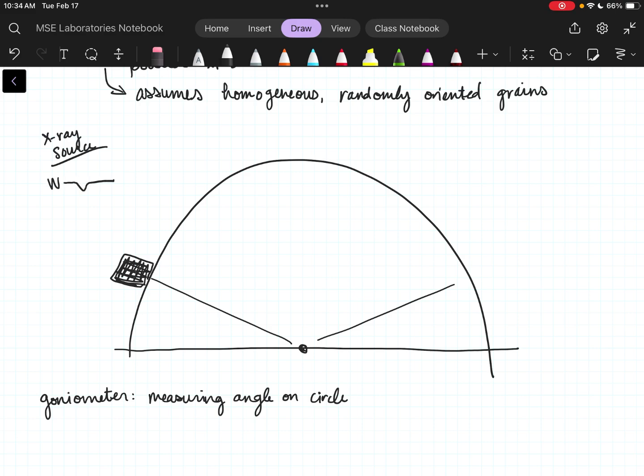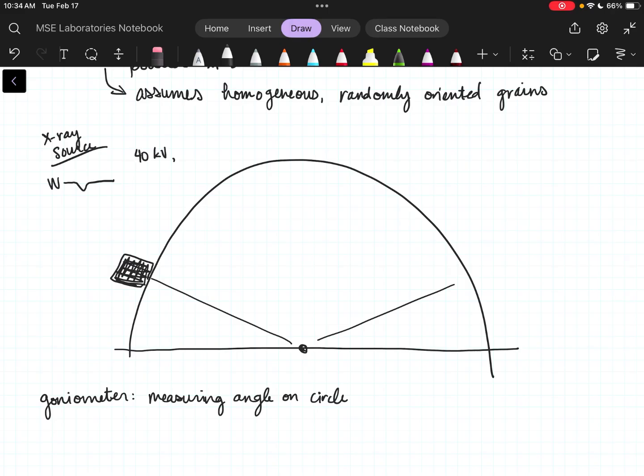So on the left-hand side, we've got the source of our X-rays. The X-rays come from a tungsten filament. We put some current and voltage through that filament.